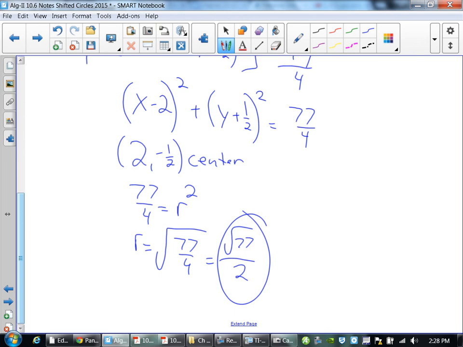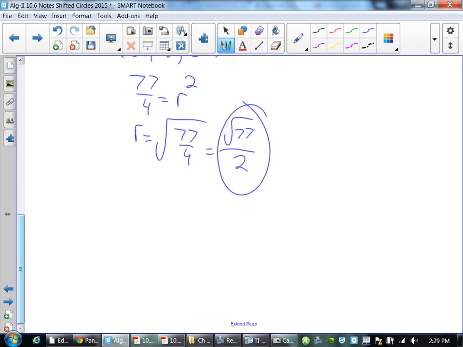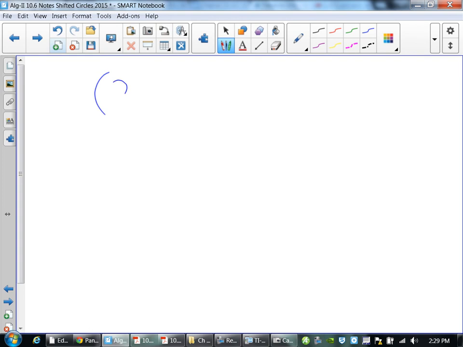Would we ever graph this? Sure. And this is a great question. How do you graph this? If you have a center at 2, -1/2, and you have a radius of root 77 over 2, and I want to list my 4 ordered pairs, you'll be surprised at how easy it is.